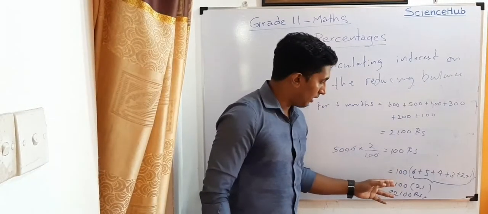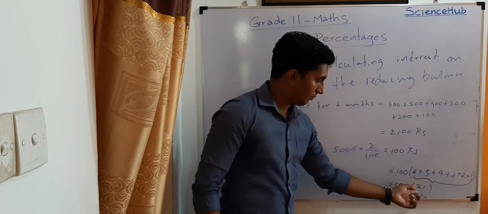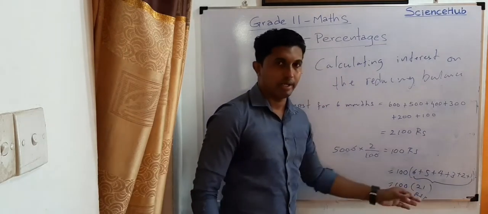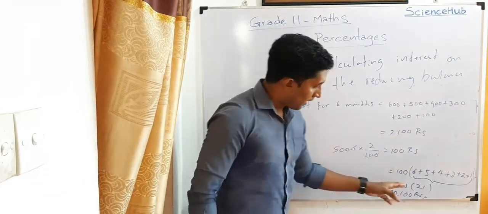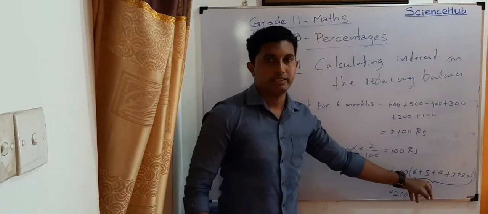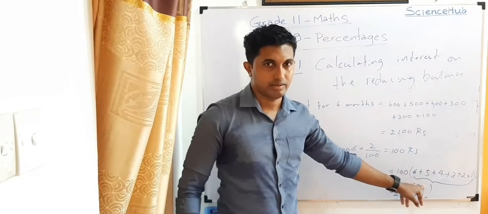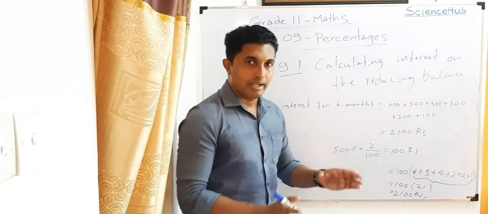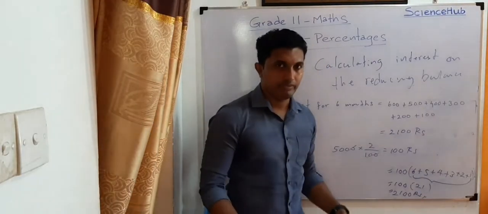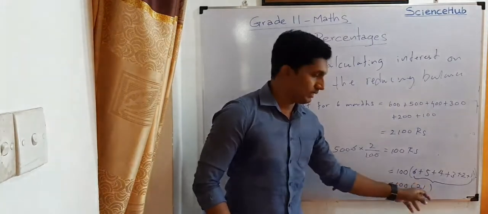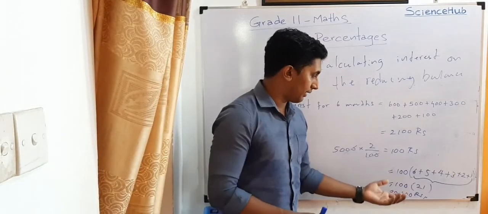Now this 21 is known as month units. If we can find the month units another way, then it is very easy to calculate the total interest.